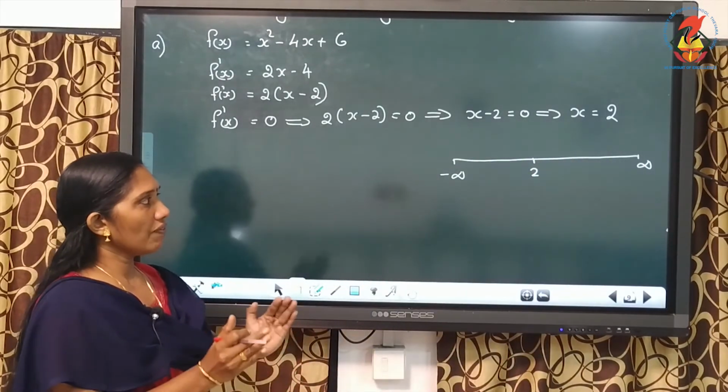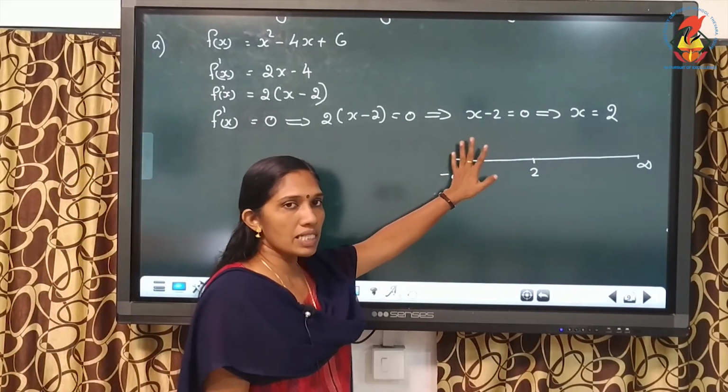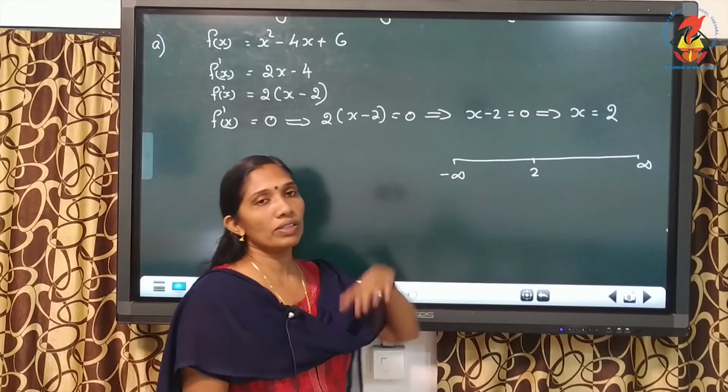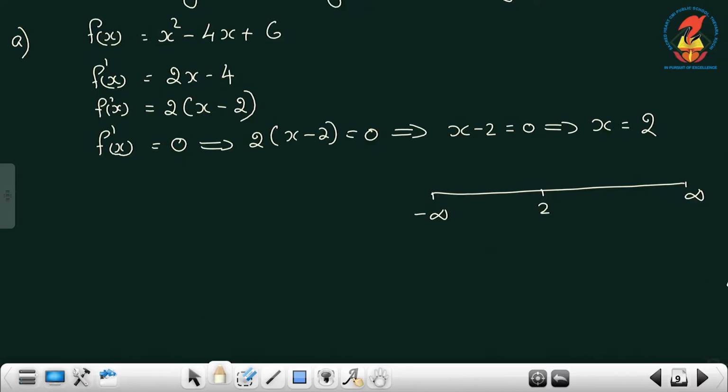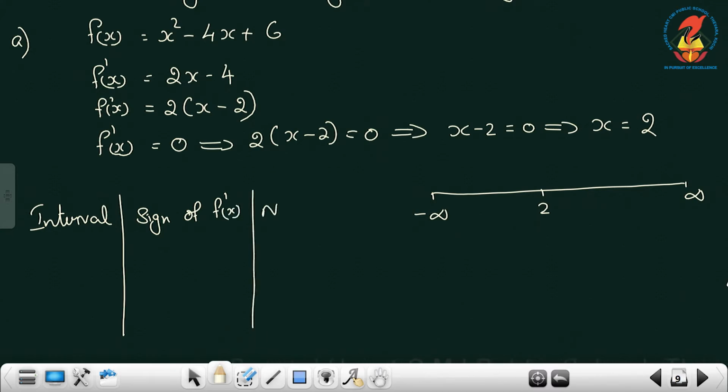Now we have to check whether in this interval the function is strictly increasing or decreasing. So you can draw one table here: first column interval, then sign of f dash x, then third column nature of f, like this 3 columns.